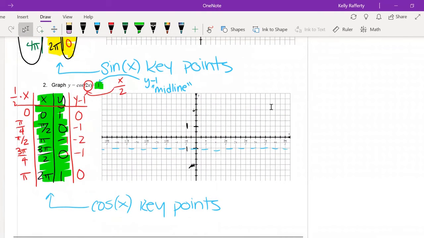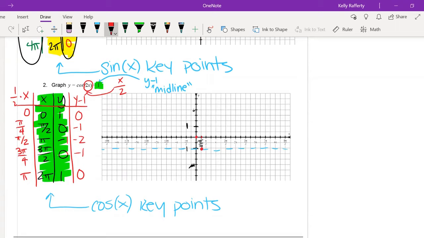All right, and then like I said, this is going to be pretty small for points on here. So we have a point at 0, 0. Pi over 4 is half of pi over 2, so that's actually this line here. At pi over 4, I'm at negative 1.